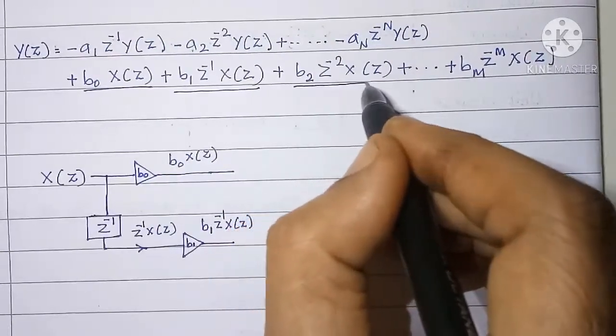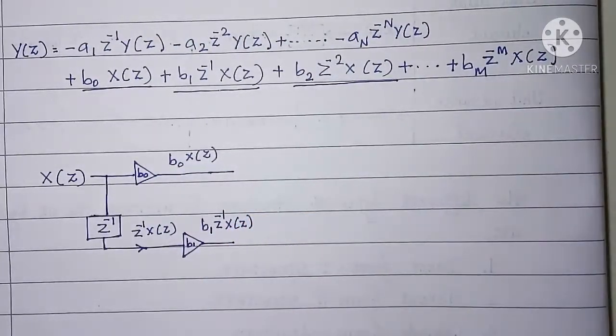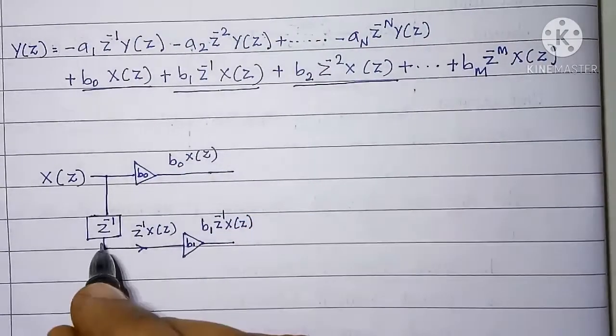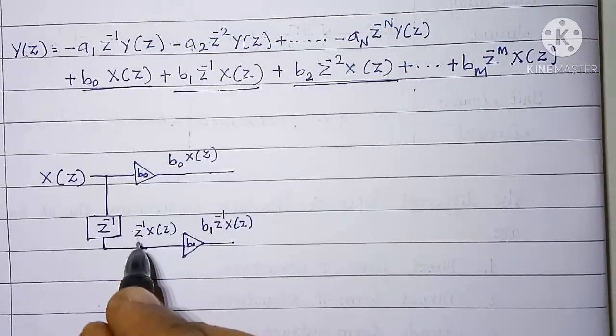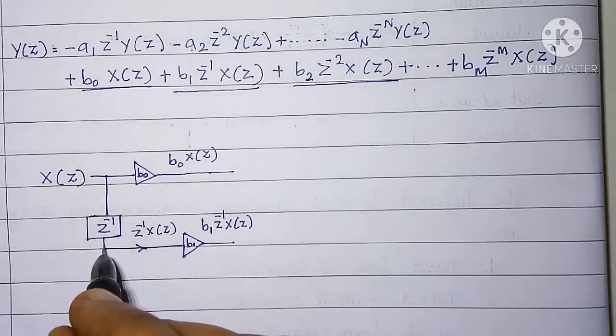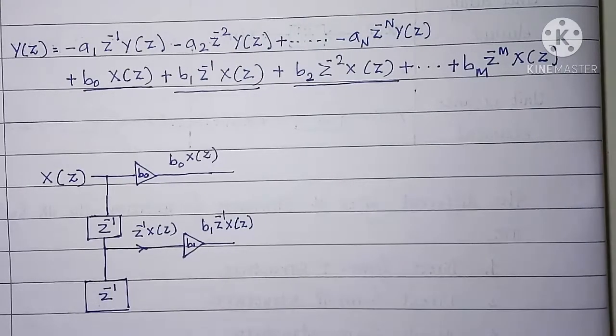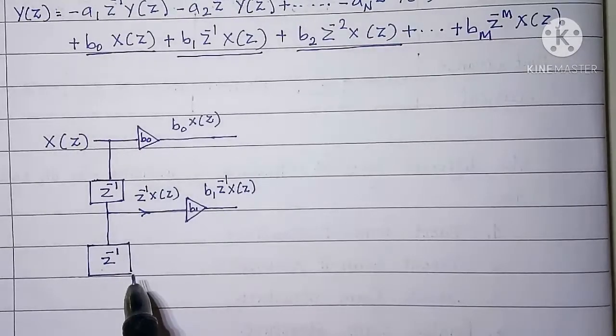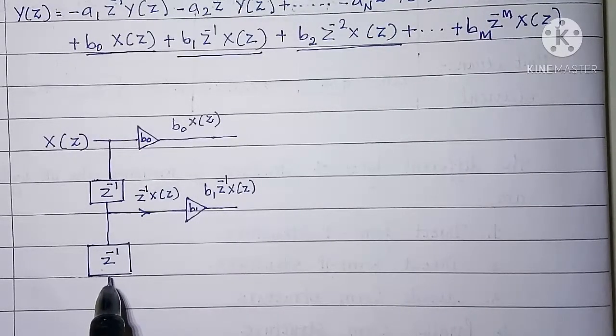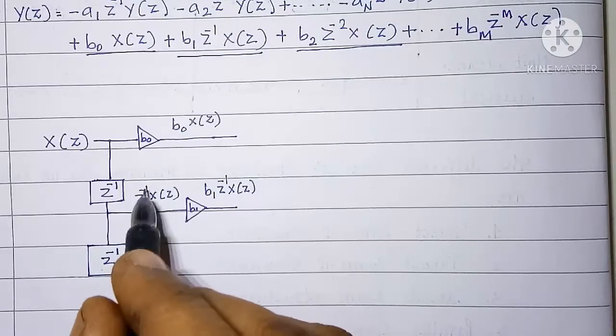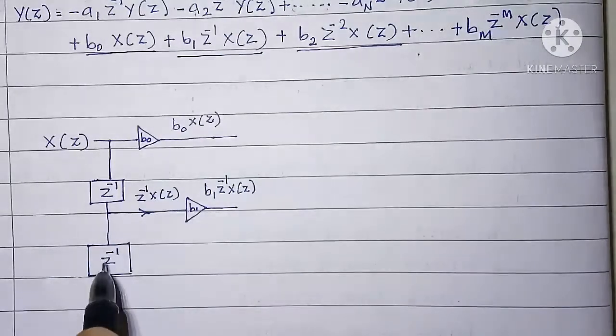Next we have to get b2 z raised to minus 2 X of z. Already here I am having z raised to minus 1 X of z. So here simply I will include one z raised to minus 1 box or one delay box, z raised to minus 1. That means z raised to minus 1 into X of z into z raised to minus 1.